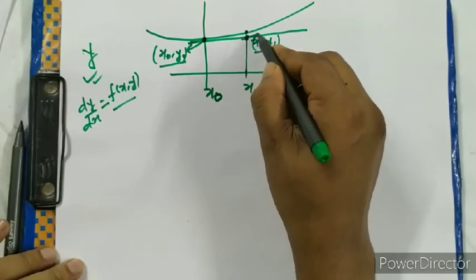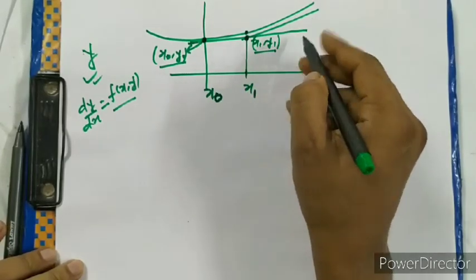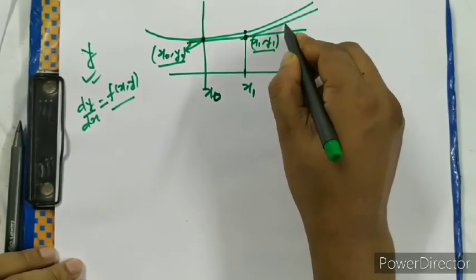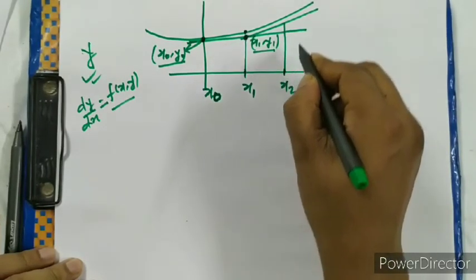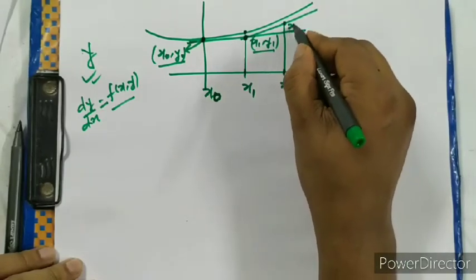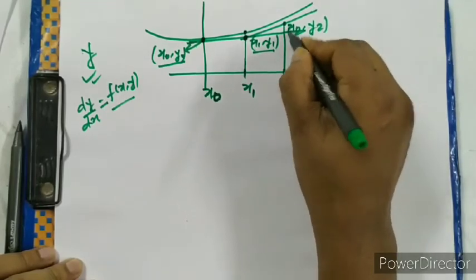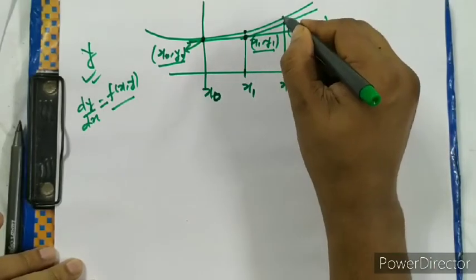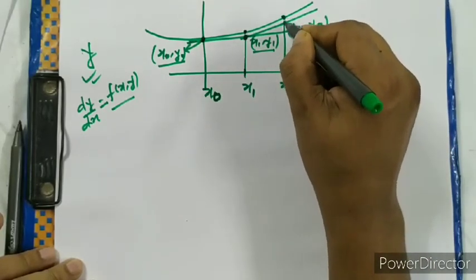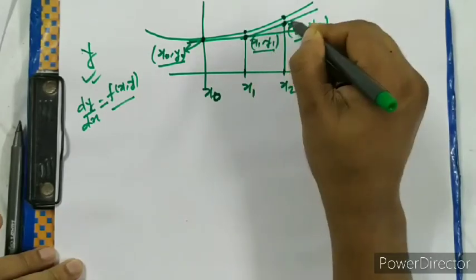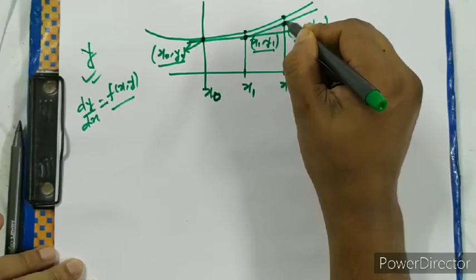Suppose it looks like this. So again here is another point x2, and we can draw a line through x2 on the tangent. So this is the point (x2, y2), and this is the original point, and this is the approximate value of y1. So there is some error also.